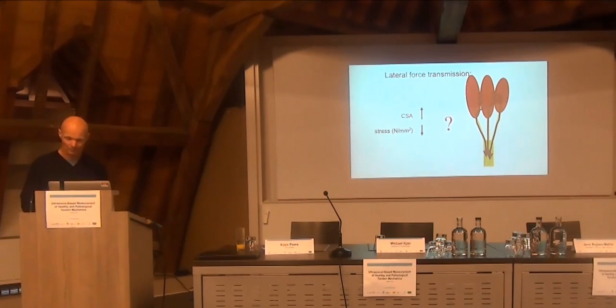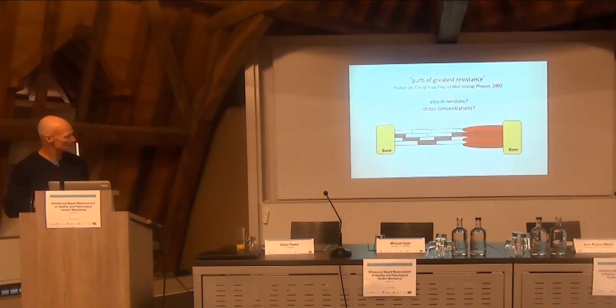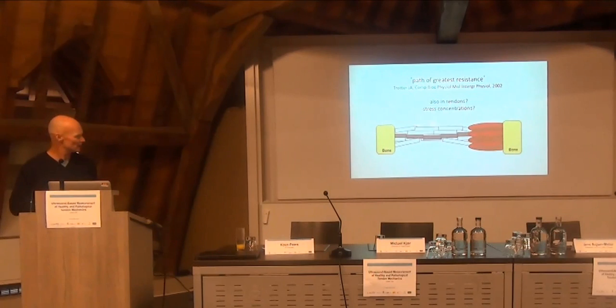Another way of looking at it is more longitudinal: is there a path of greatest resistance? This is something that's talked about in muscle, but could this also be in tendons? Think if these tendon units here are more closely linked than the others, if the muscles are activated, then much of the strain would be going through those where the greatest resistance is. And this would in theory mean that you have a smaller tendon inside the greater tendon, and this smaller tendon would then have a greater stress.